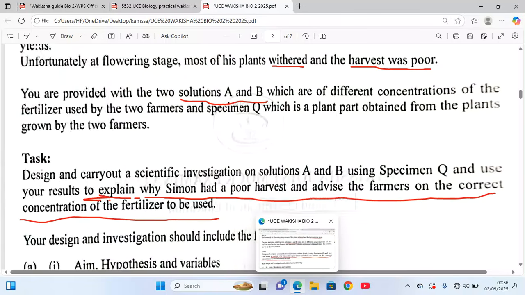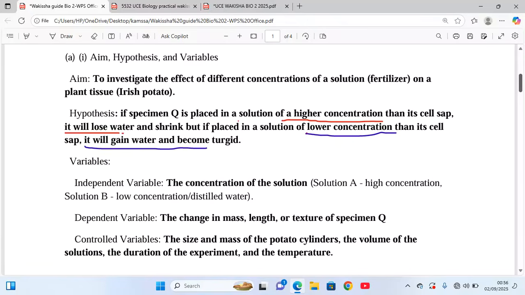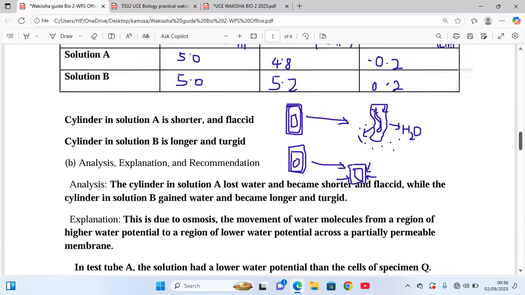So the correct concentration of the fertilizer to be used was supposed to be fertilizer B, like we have seen.